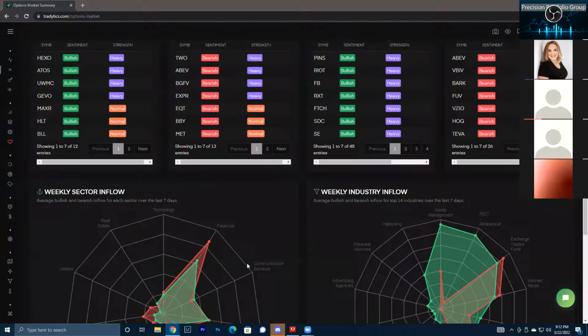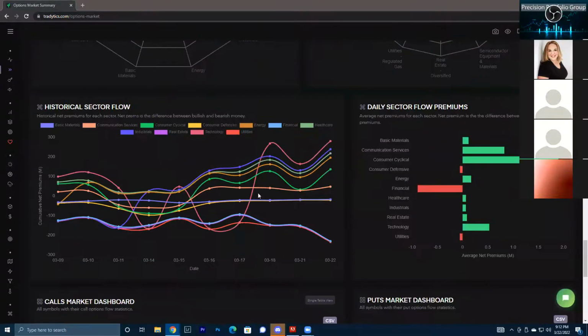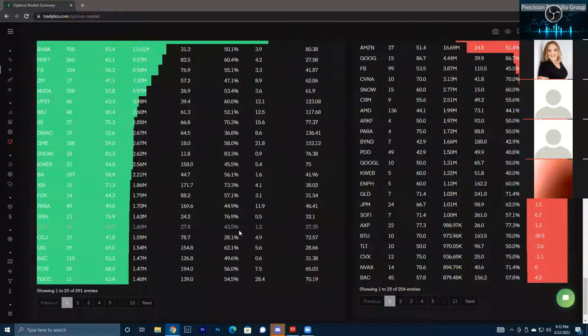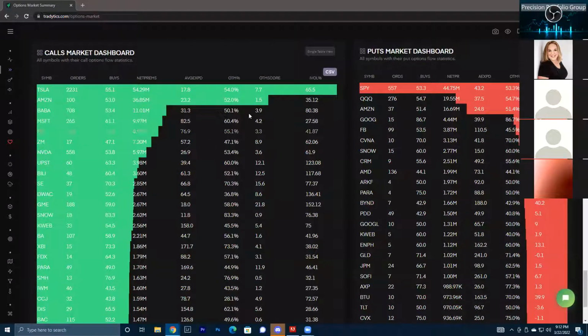And there's a lot of information that, my gosh, I love it. This is another thing that I always look at too, the call dashboard, where basically a lot of institutions, I go here to see what the institutions are buying. As you can see, for instance, like Tesla, for the day, almost 52 million in premiums.